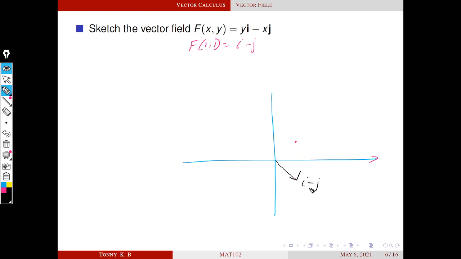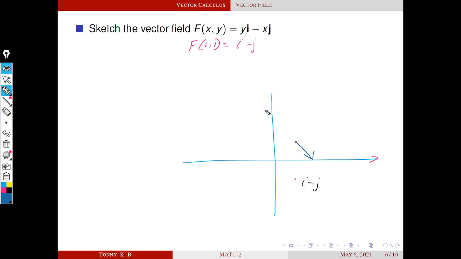For a vector field, we have to plot this vector at the point (1, 1). So we get it like this. You got the idea. We have no need to draw this vector from the origin; we have to assign the vector at that point.